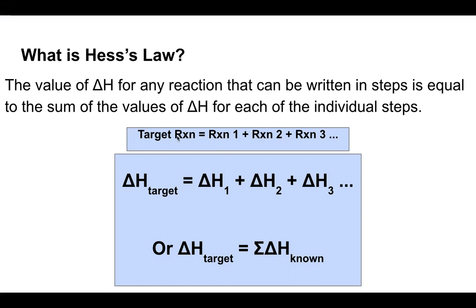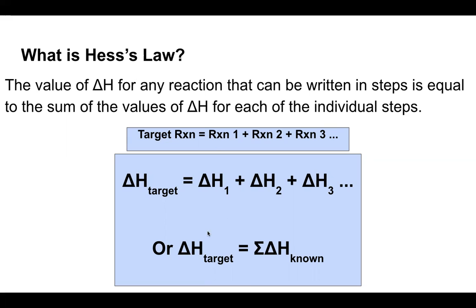If our target reaction can be added up by a series of reactions like this, then the enthalpy change of our target reaction can be calculated by adding up the enthalpy change of our smaller known reaction number 1 plus the enthalpy change of our smaller known reaction number 2 plus the enthalpy change of our smaller known reaction number 3. And we can go on and on, however many reactions we want.